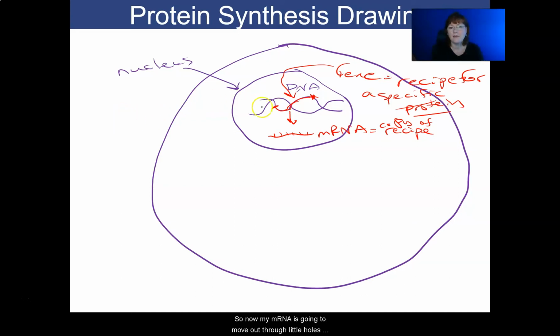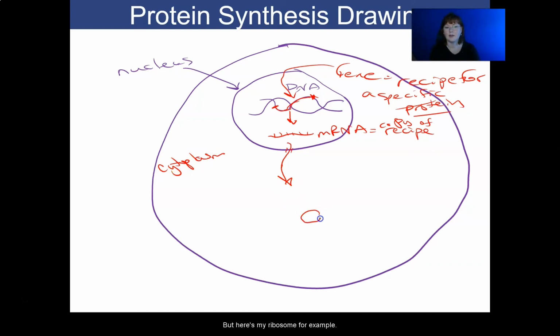So now my mRNA is going to move out through little holes in the nuclear membrane, and it's going to find a ribosome. It could be a free ribosome floating in my cytoplasm, or it could be attached to the rough ER. But here's my ribosome, for example.